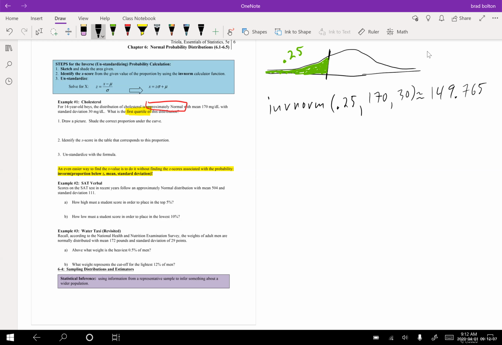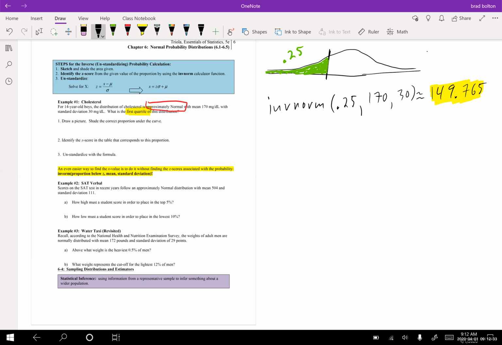The problem is this: 149.765, that is not a z-score. That is the answer to the question of the first quartile. That's the actual value of the cholesterol levels, okay?